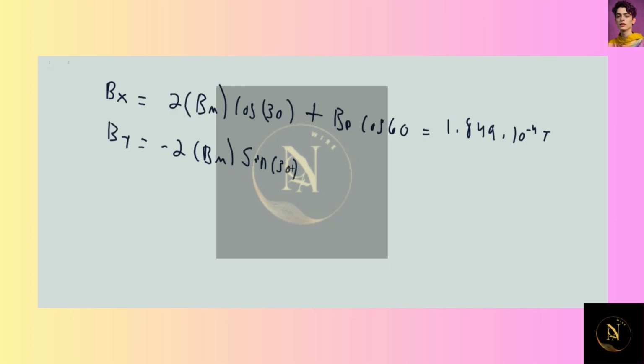And then BP looked like it was going to be in the upward direction, so plus BP sine of 60. And so when we do that, we should get negative 4.571 times 10 to the minus 5 Teslas.